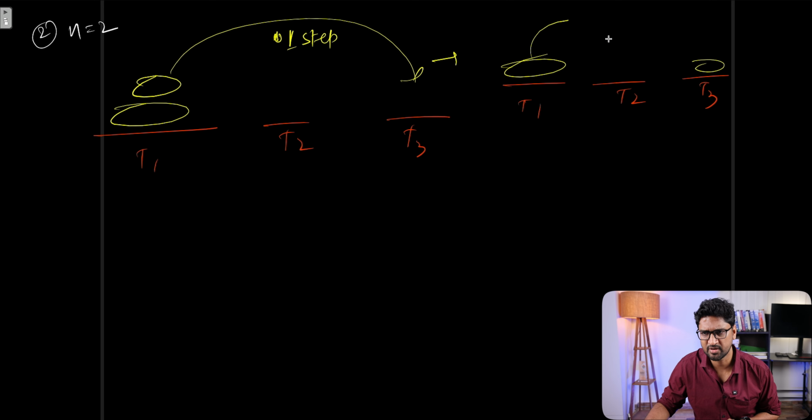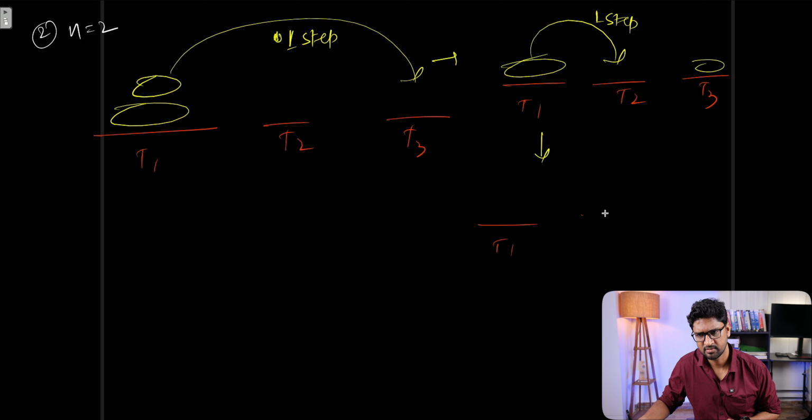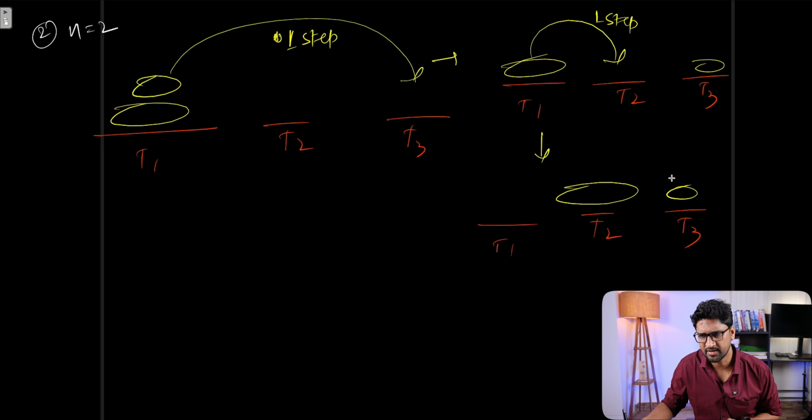What you can again do is move this coin here. So this will take one step. Now again the situation goes like this: T1, T2, T3, and the bigger coin is here and the smaller coin is here. I can again move the smaller coin here. This will again take how much? One step.